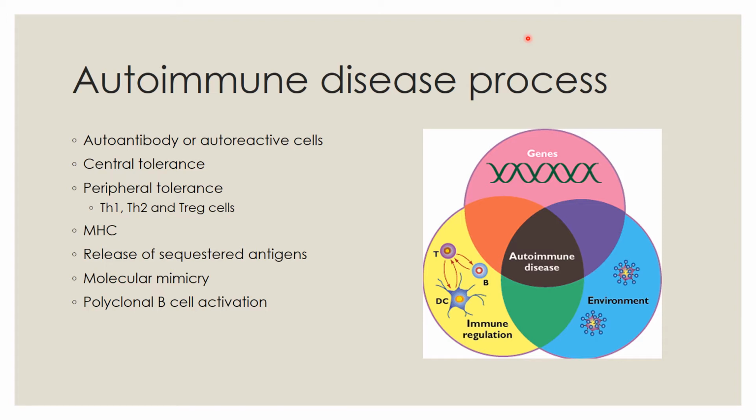The white cells mature, and as they start to express either their B cell receptor, which is immunoglobulin, in the B cells, or T cell receptors in the T cells, those receptors, if they are noted to respond to self-antigens, would be destroyed in either the bone marrow or the thymus, respectively, right? B cells in the bone marrow, T cells in the thymus.